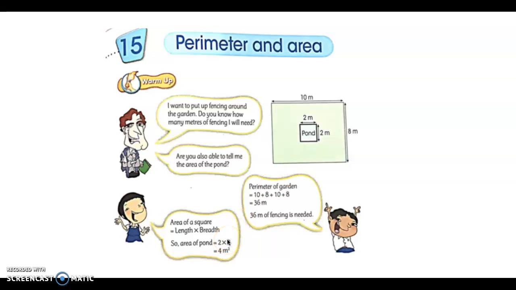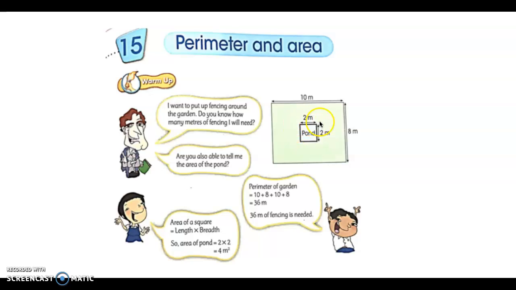So basically, perimeter means the sum of the surrounding length. What is the perimeter? Perimeter means adding the length surrounding any figure. What is area?